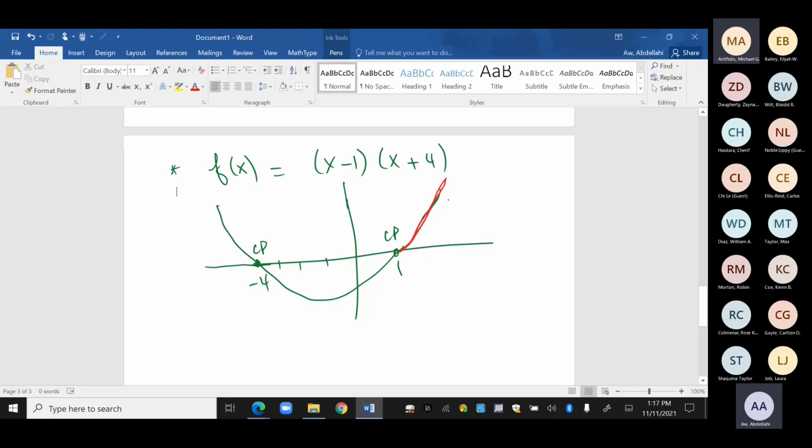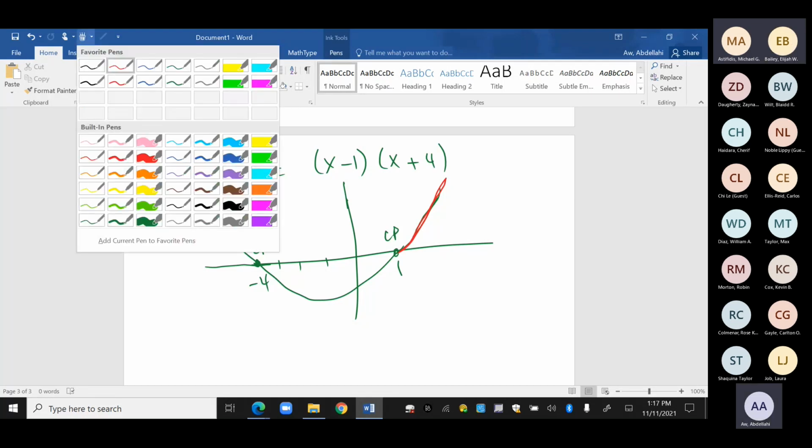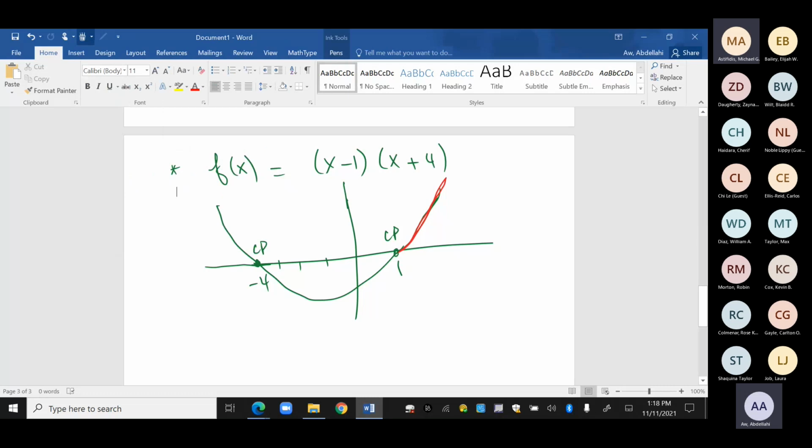If my graph is above the x-axis, it tells me my function is positive. Any graph that is above the x-axis tells you the function is positive.